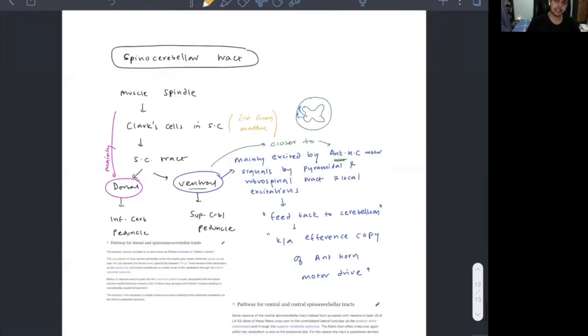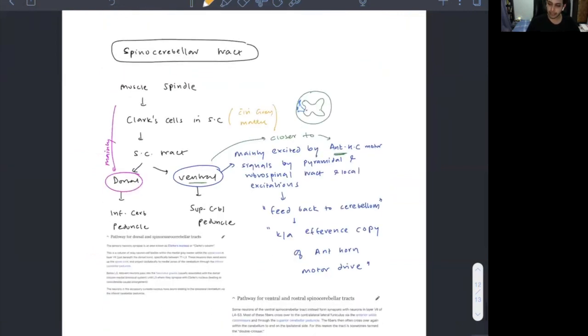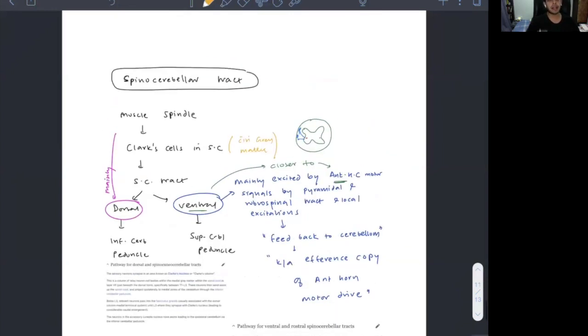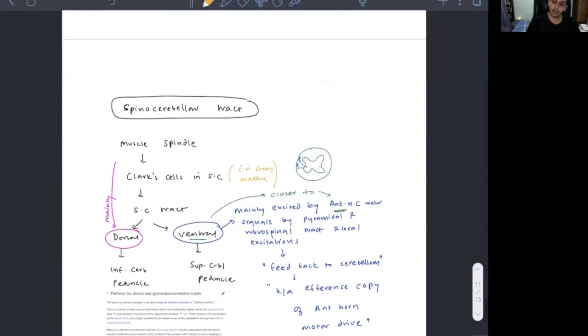And finally, in your spinal cord, there is something called the Spinocerebellar Tract. Okay. So as per the name, the Spinocerebellar Tract is the tract that carries information from the spine up to the cerebellum. So it is an ascending tract.